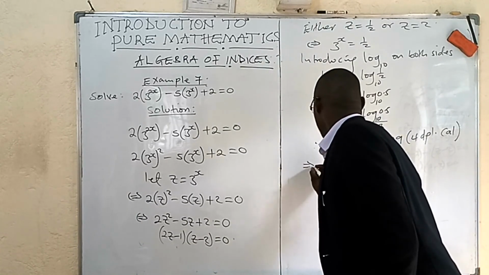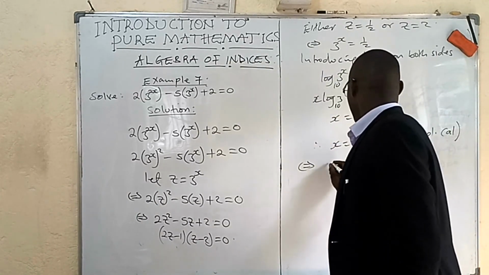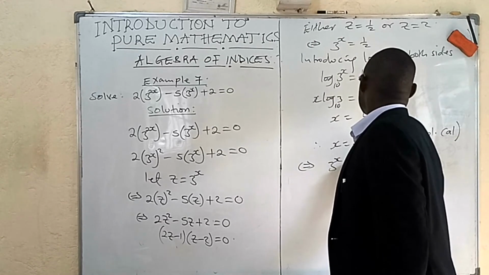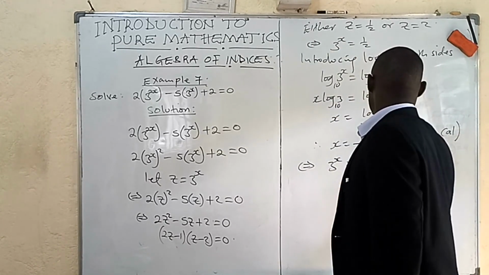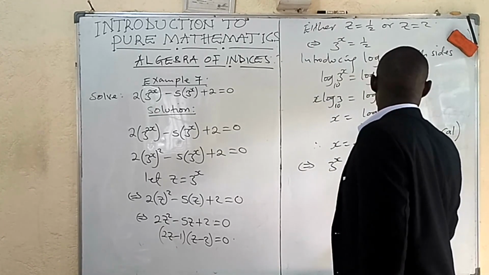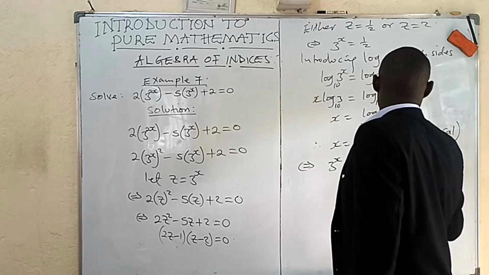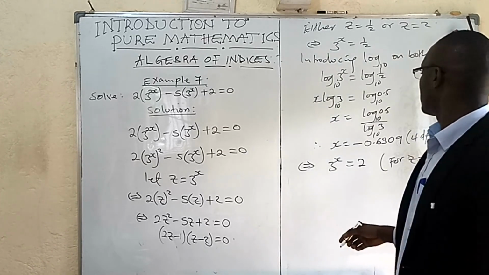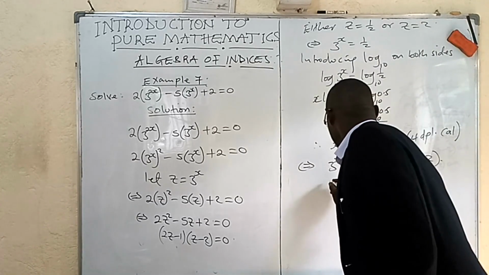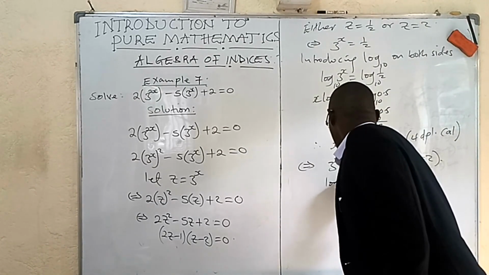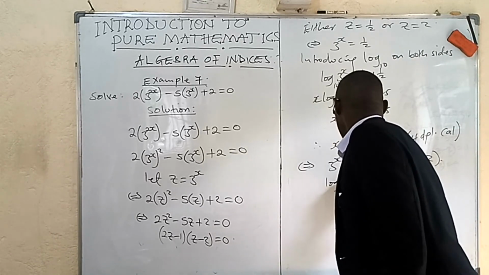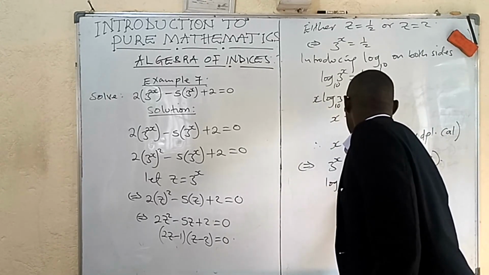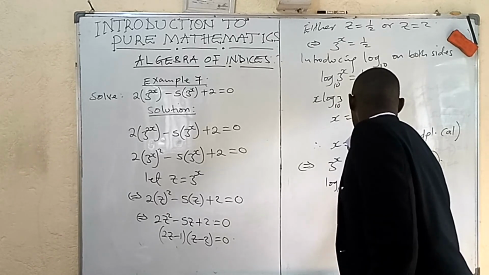Then it also implies that 3 power x is equal to 2. That is for z is equal to 2. So the same applies to this. You will need to apply logarithms. So this will now give you log base 10, introducing logarithm, 3 power x is equal to log base 10 of 2.